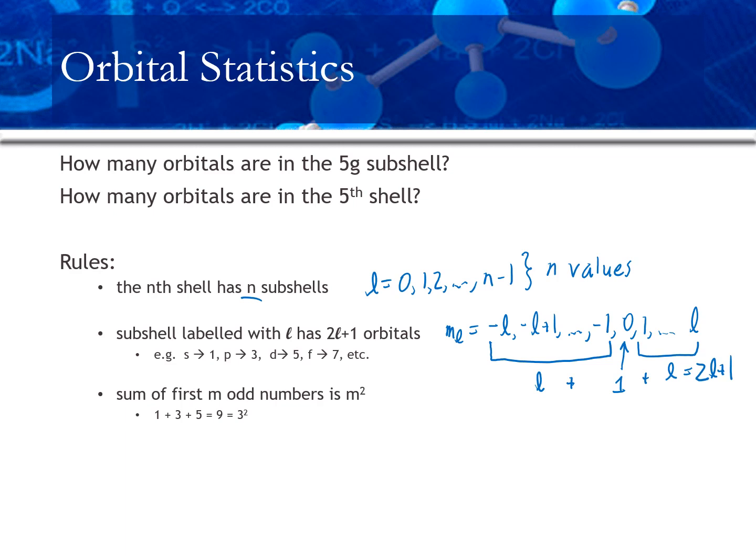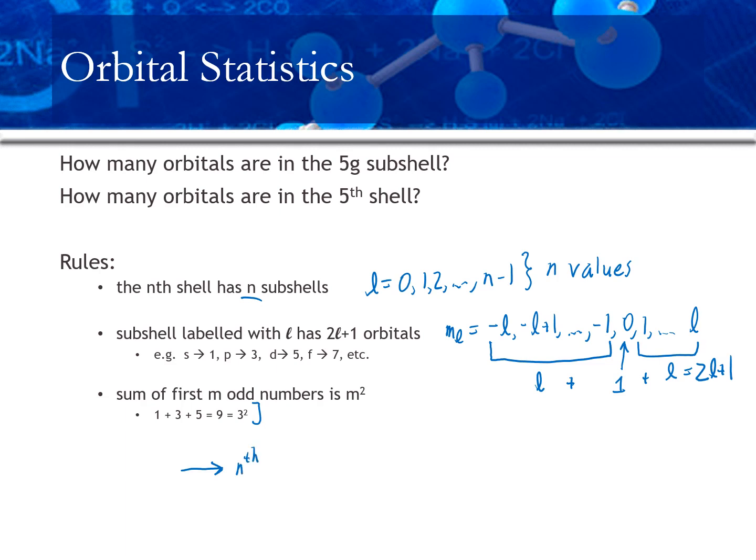And finally, if we notice that the sum of the first n odd numbers is n squared, so for example, the first three odd numbers, 1 plus 3 plus 5, is 3 squared, then we get the following rule.